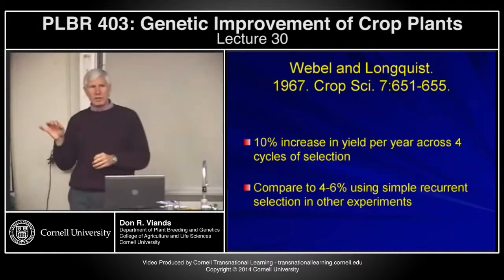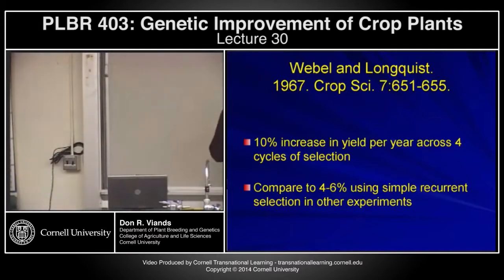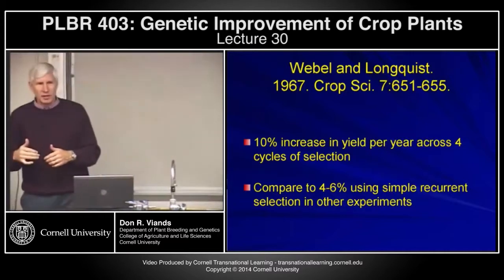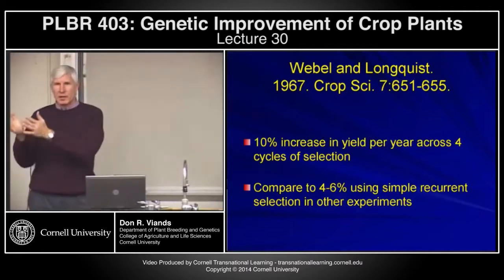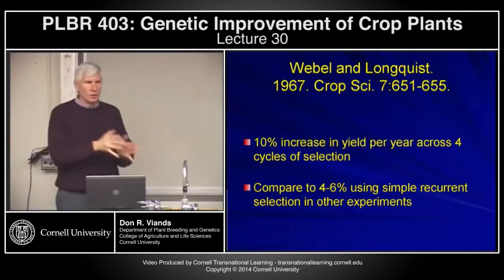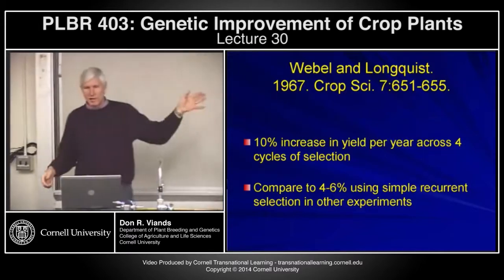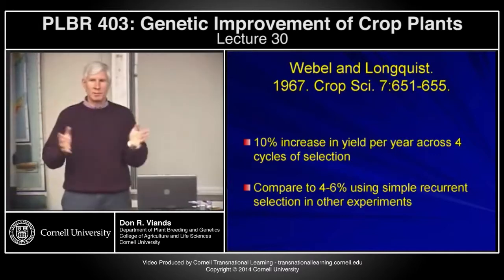Keep in mind, as you read the literature, and breeders are notorious for coming up with a new modification of a breeding method, which is fantastic, but beware of reading in the literature where they're comparing the success of one method with another, because in this case, their 4 to 6% from simple recurrent selection was from the literature. They were just averaging what other people have done.